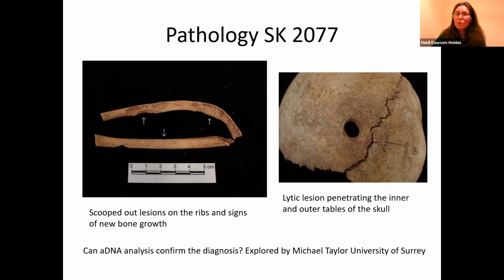He took some samples to see if this is tuberculosis, and it's slightly hot off the press at the moment, but it looks like my diagnosis from the morphological lesions does appear to be correct, because he has found evidence for the aDNA of that bacteria. So again, that's another way that we can bring these scientific techniques in to marry with the morphological analysis that I undertake.